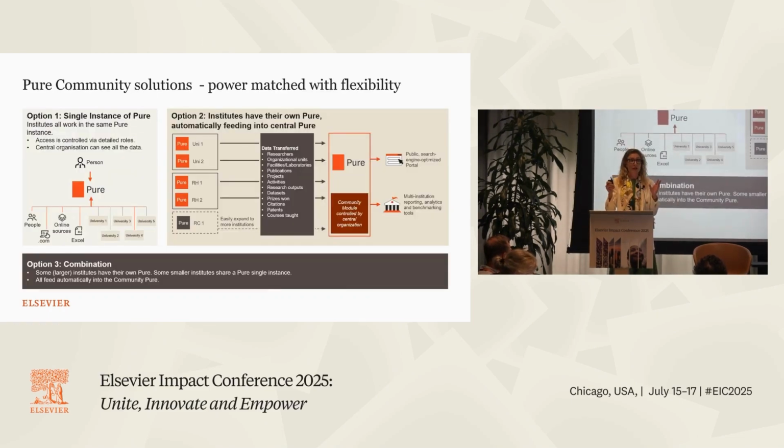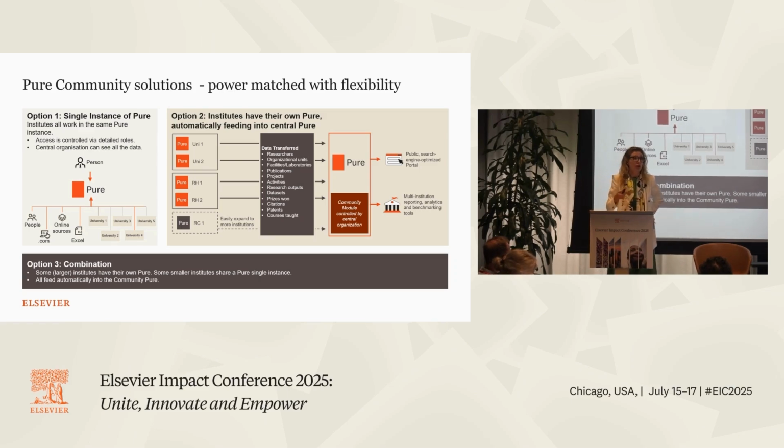So there are different setups. Pure Community Solutions offer flexibility in how you want to set up your ecosystem. You can have one single instance that can be used by multiple institutions, or you can have every single institution with their own Pure instance, which allows for flexibility, defining local workflows and local connections with local databases, with all those individual instances feeding into a central so-called community Pure.